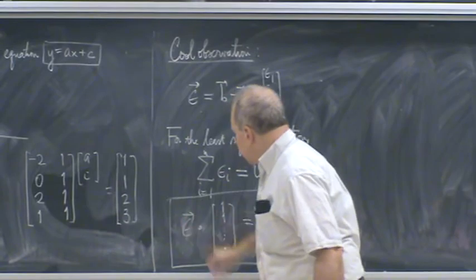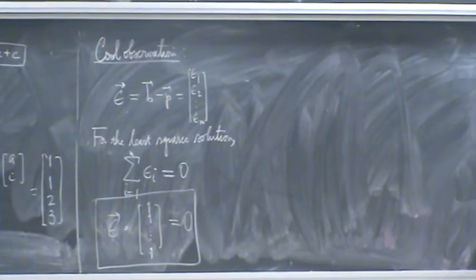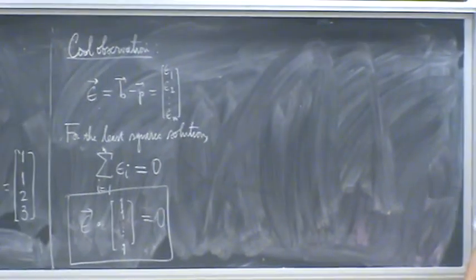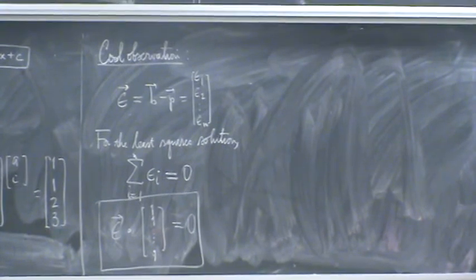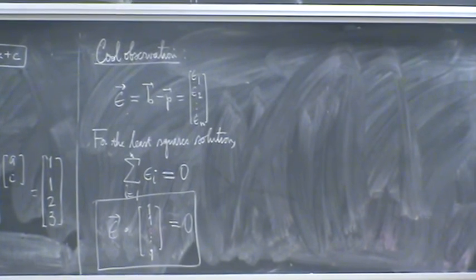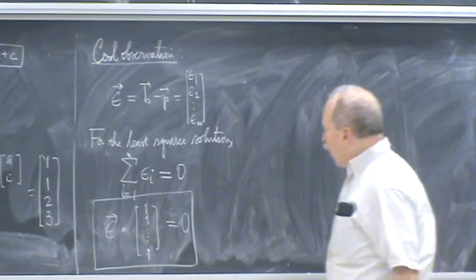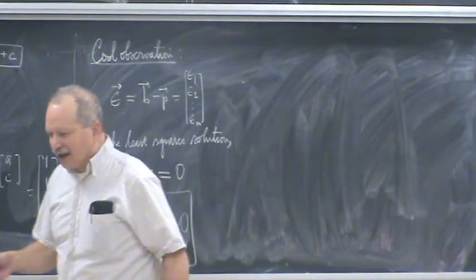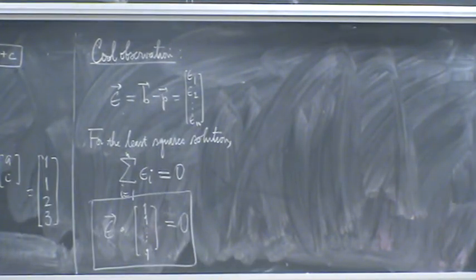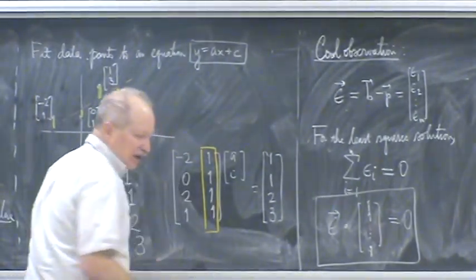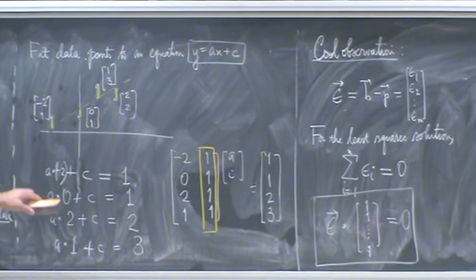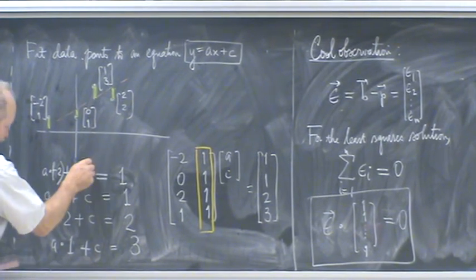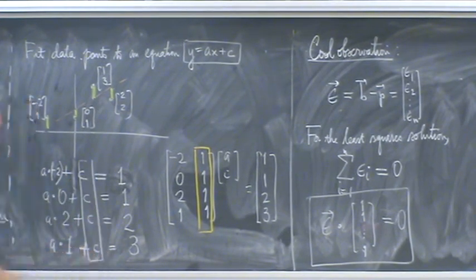Why is that 0? Because it's in the columns. And why is 1, 1, 1, 1, 1, 1 in the column space? Because it's one of the columns. Well, I see that now, but where did that come from? It came from having a constant. Oh, the constant appears in the equation with coefficient 1.